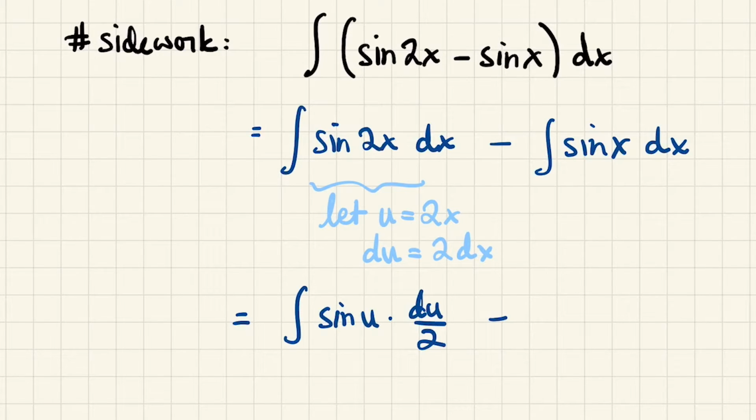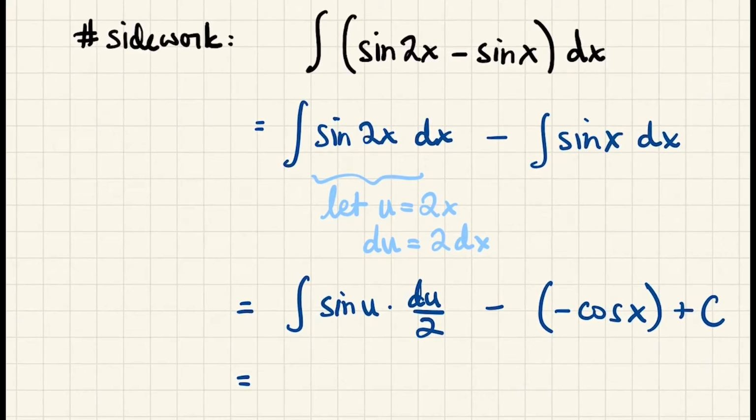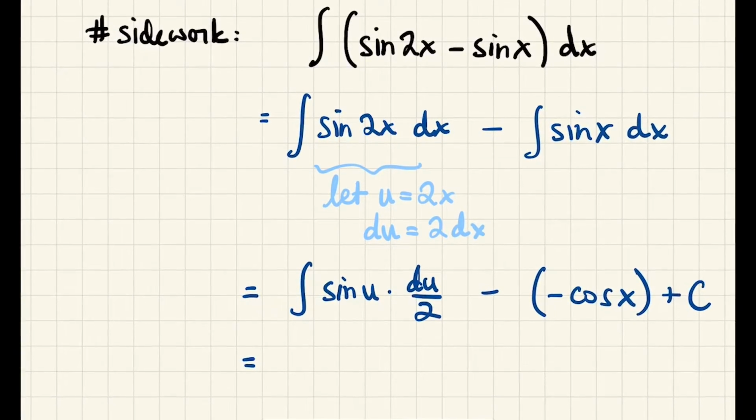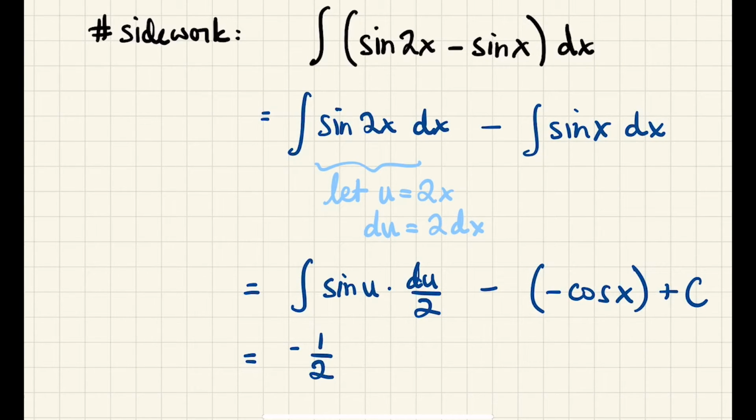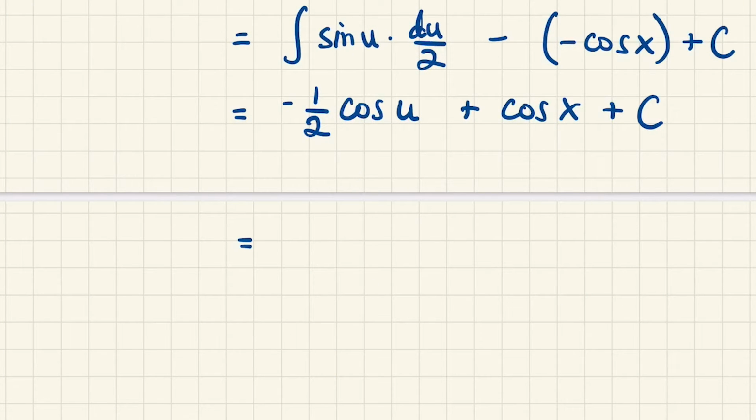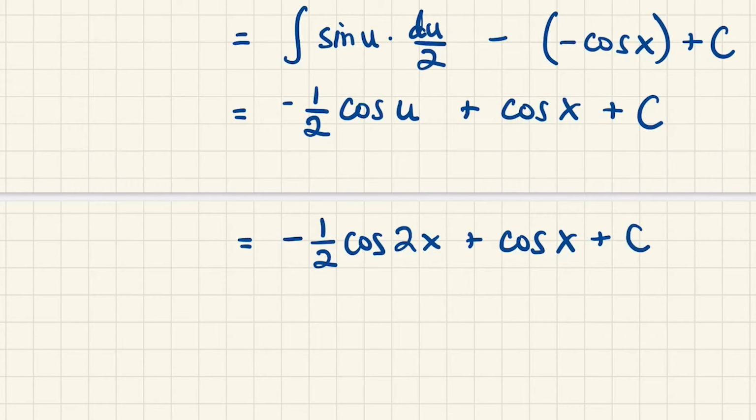And for the second integral here, the antiderivative of sine is negative cosine of x. And let's get our constant. Okay, this first integral evaluates to negative 1/2 cosine of u, and we have plus cosine of x, plus our constant. And reverse substituting, we know that this is negative 1/2 of cosine of 2x plus cosine of x plus c.